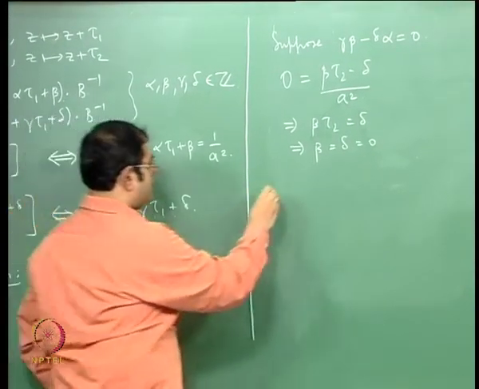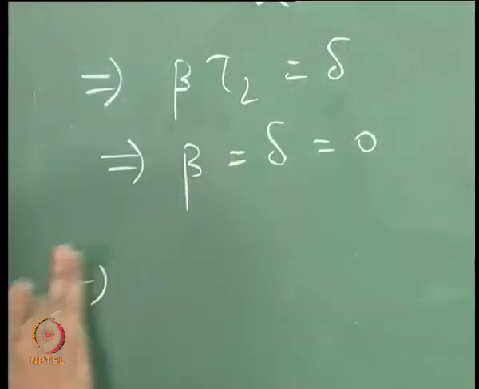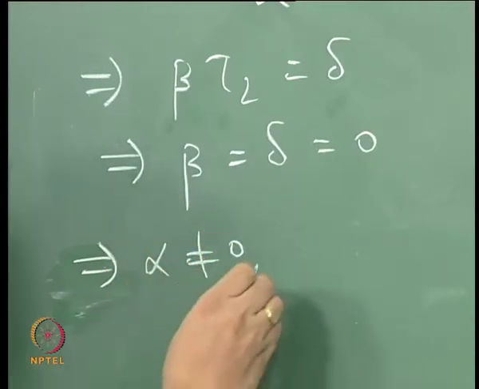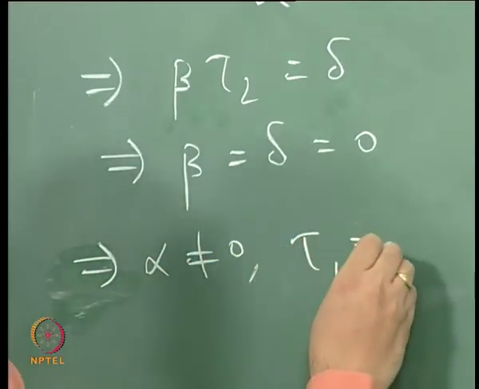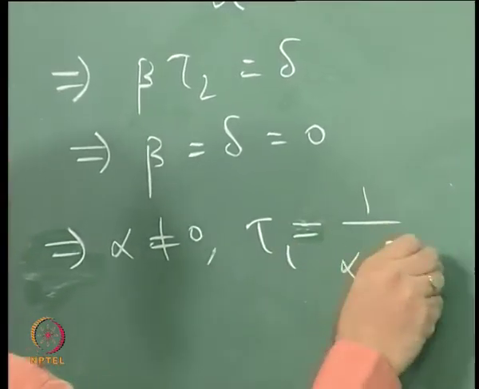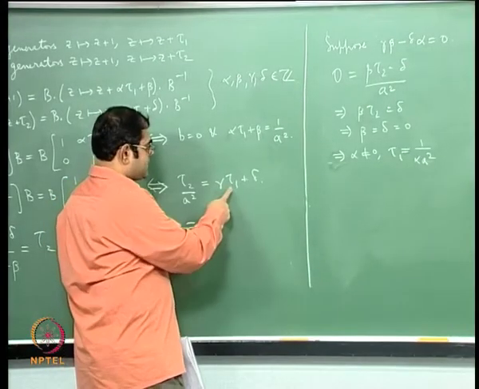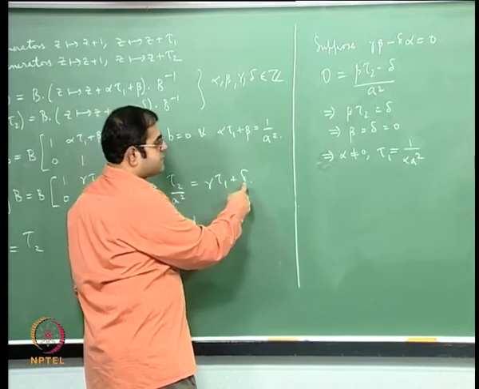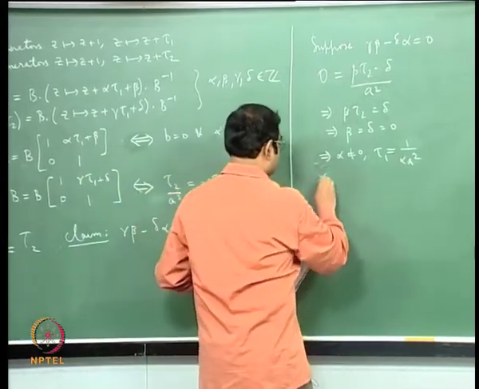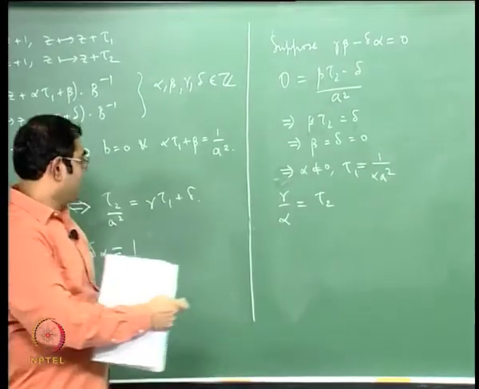So alpha is not 0 and tau 1 is equal to 1 by alpha a squared, and if I put it back into this, and use the fact that delta is also 0, I will end up getting gamma by alpha is equal to tau 2.